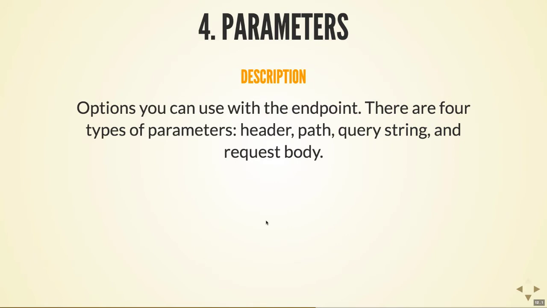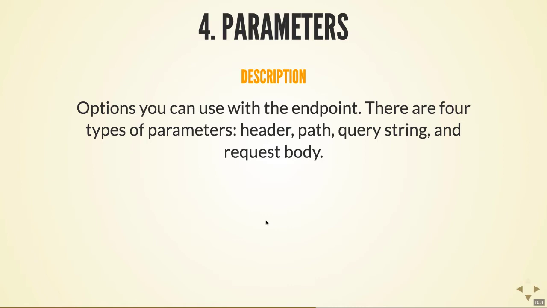Okay, parameters section. This is where you define what the valid values are. These are options that you can use with the endpoint. This is like the way you configure the endpoint. There are 4 types of parameters. You've got a header parameter. These are parameters that are passed in the header part, like the API key usually.